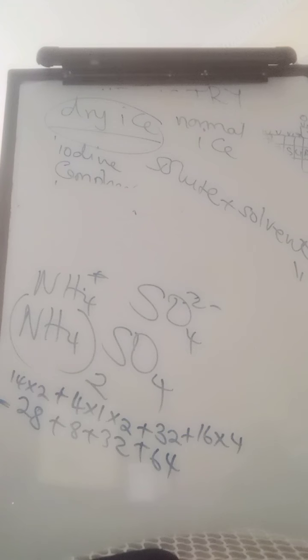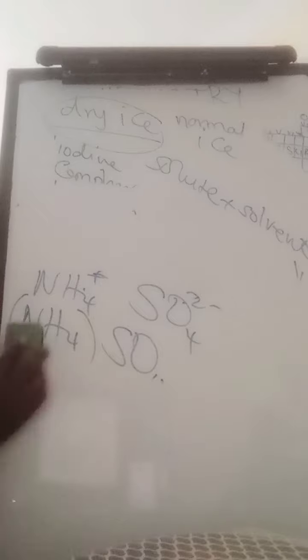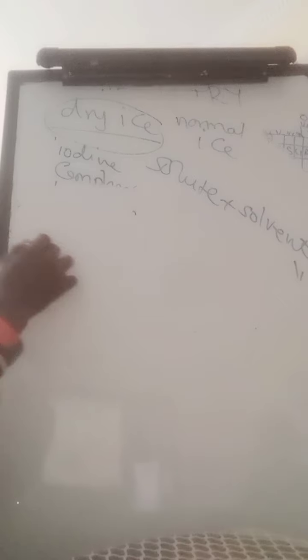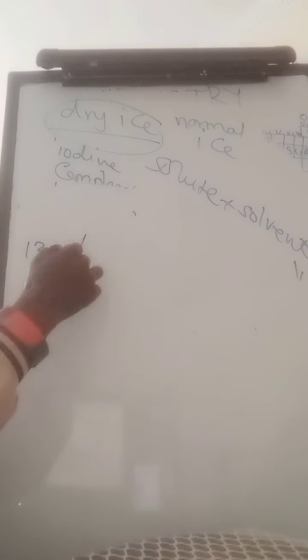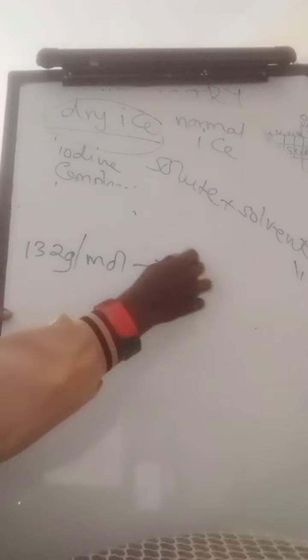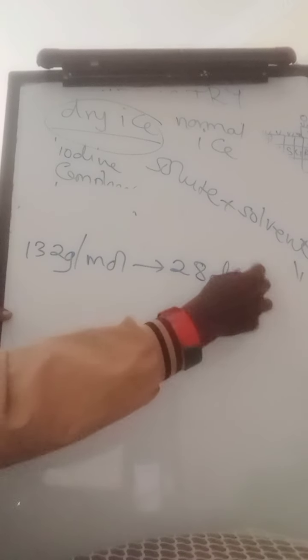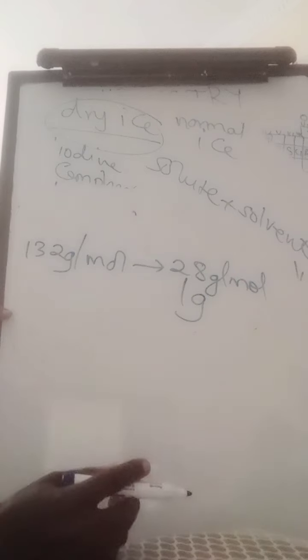Why am I doubting your answer? Look at this. 7 point something is not actually correct. 132 grams per mole must be containing 28 grams per mole, isn't it? What about 1 gram?